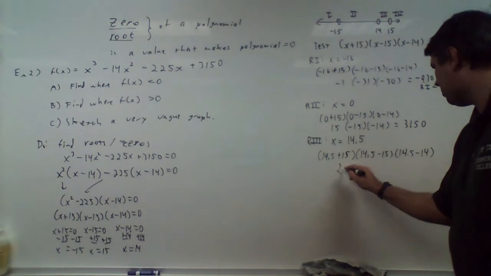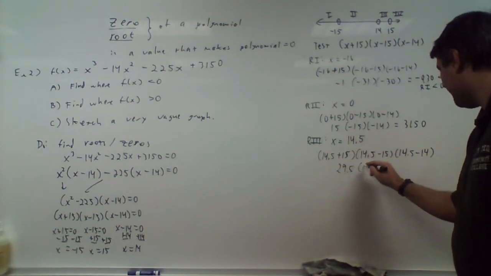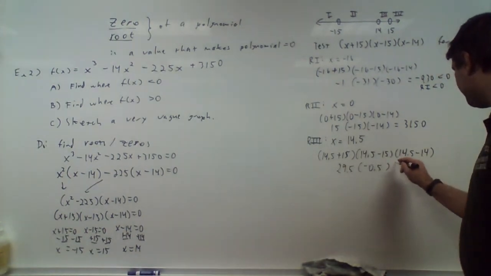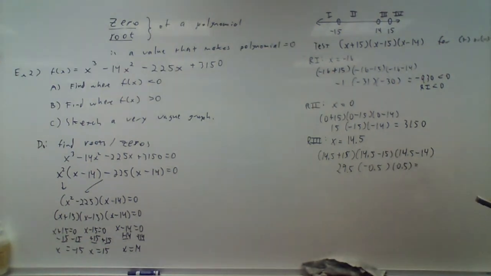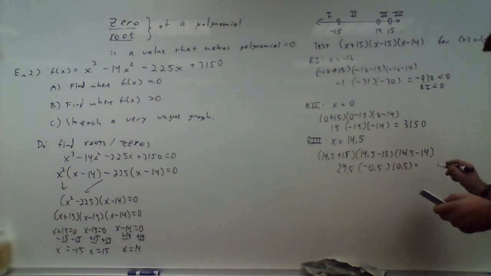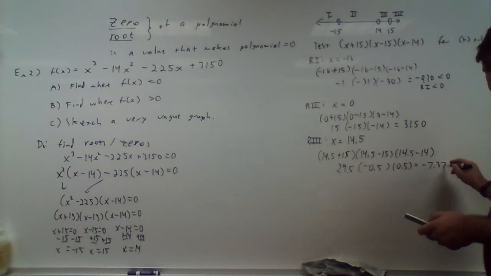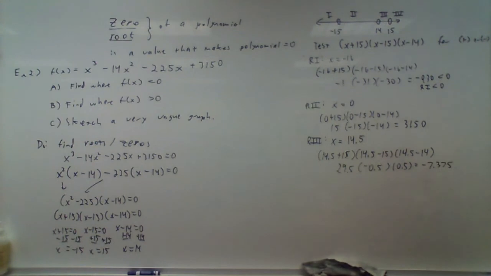So that's 29.5, that's negative 0.5, and that's 0.5. And that gave me negative 7.375. Okay?